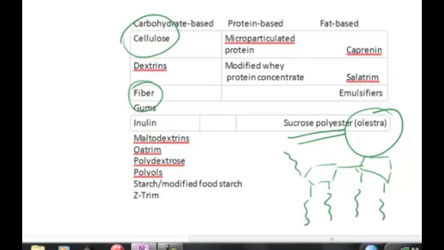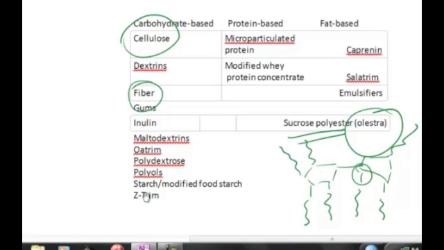Now, because of the way the fatty acids are bound to the sugar, the body doesn't have any enzymes to recognize this ester linkage here, so it just cannot fit into a normal enzyme. So this type of fat kind of tastes like fat and it has the feel of fat because of all these fatty acids, but it's not digestible because there are no enzymes. So it just passes right through the body.